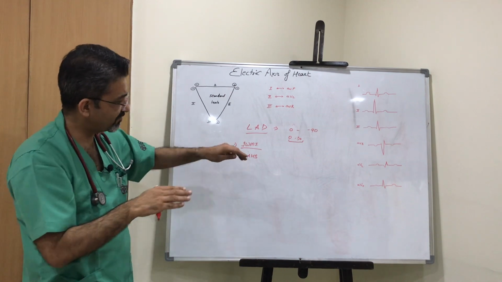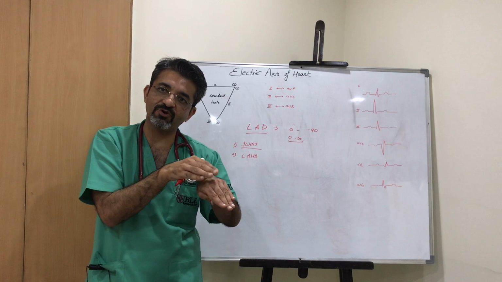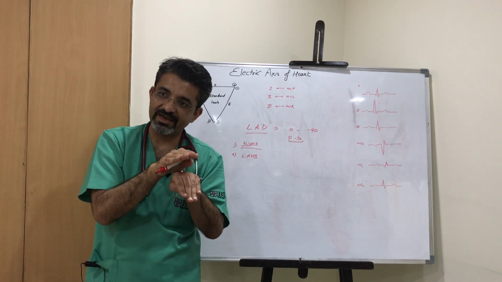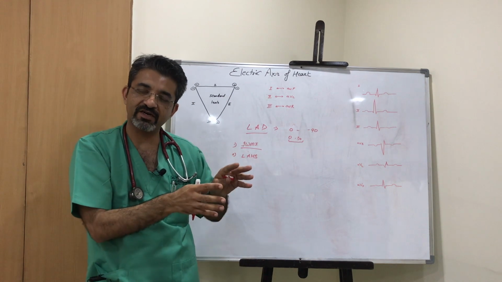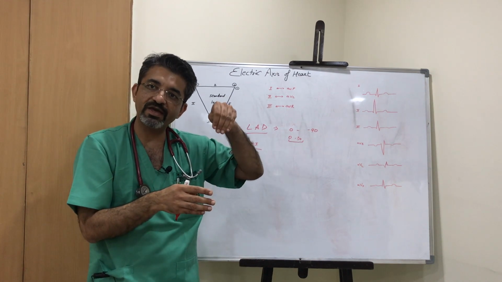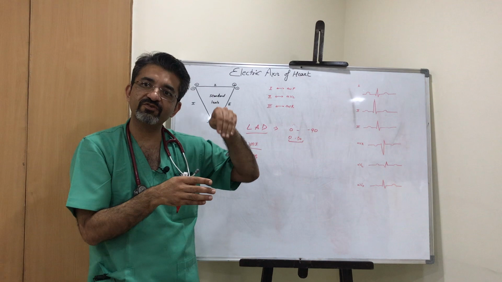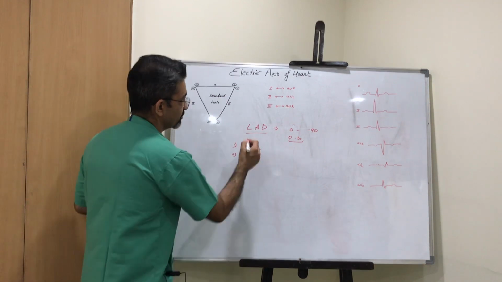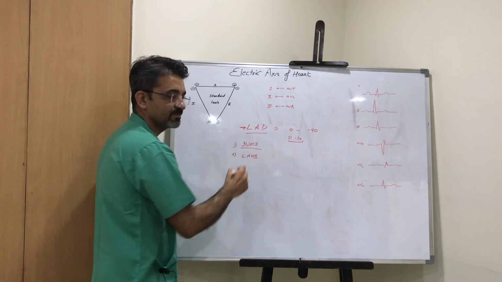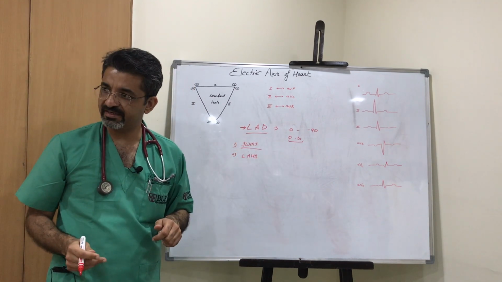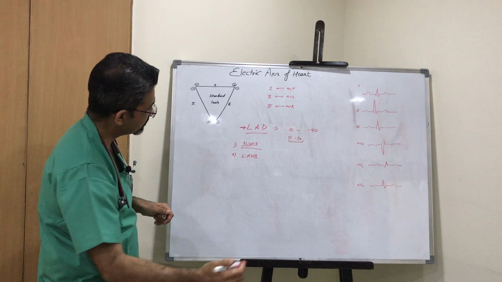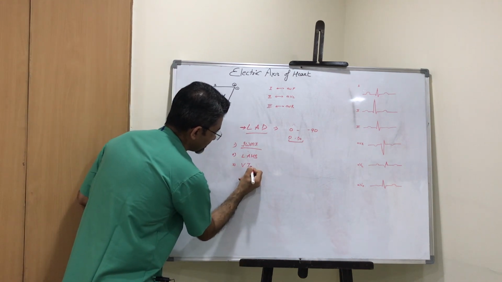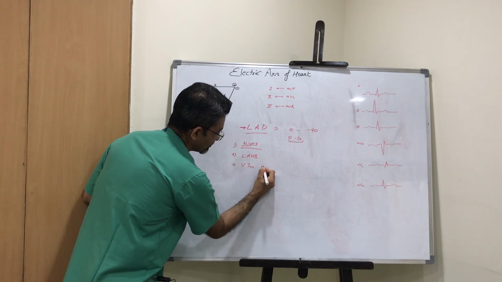If it had been a left posterior hemiblock, the shift would have been rightwards, right? The activation of the LV myocardium is taking place through the left posterior fascicle. So that is why the electrical axis is shifted towards the left side. Right? Suppose, just imagine, you have ventricular tachyarrhythmia which is taking place from the left ventricle.